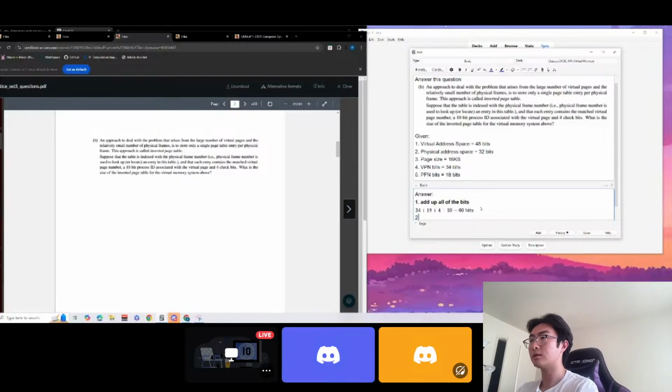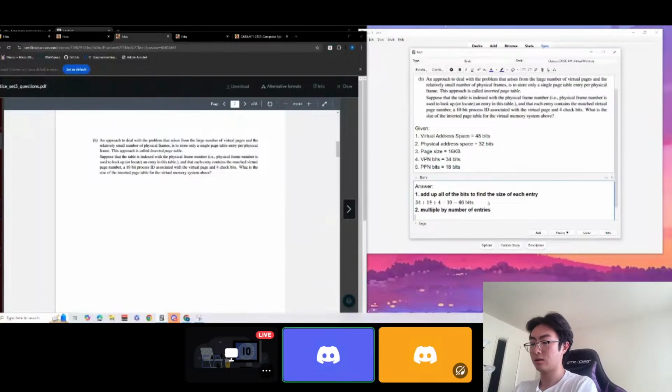So to find the size of each entry and then multiply by the number of entries, we take 66 bits and multiply times 2 to the 18.